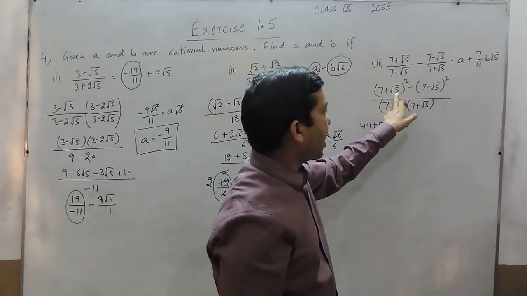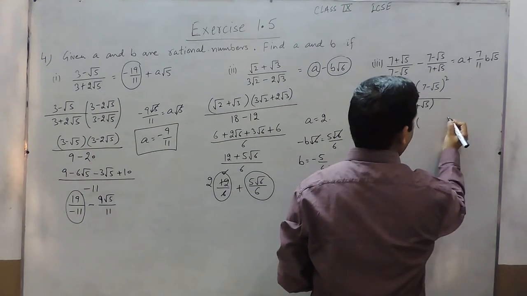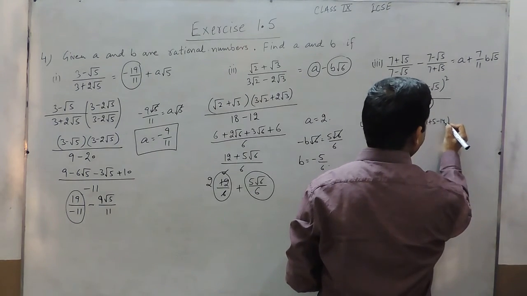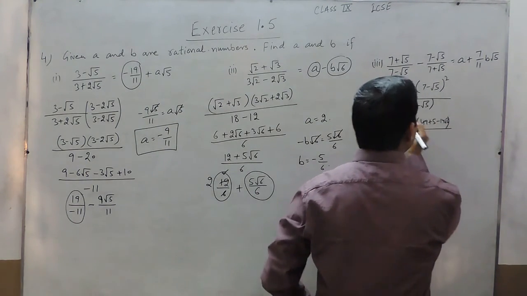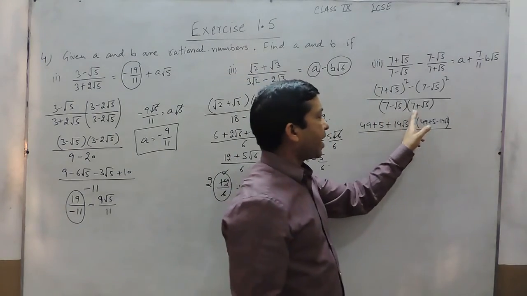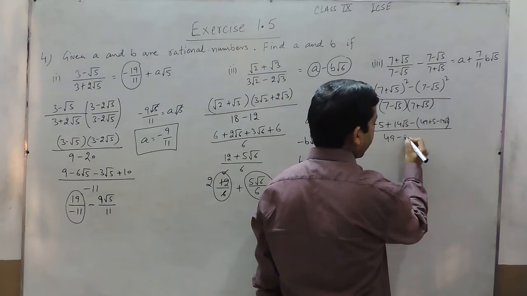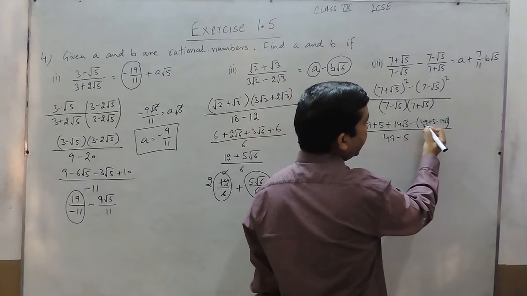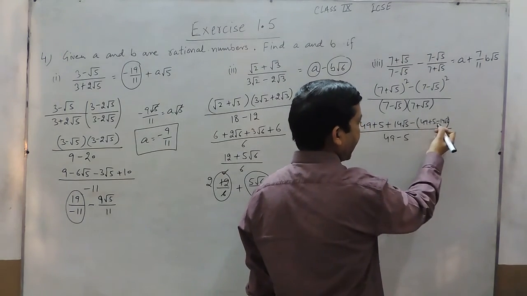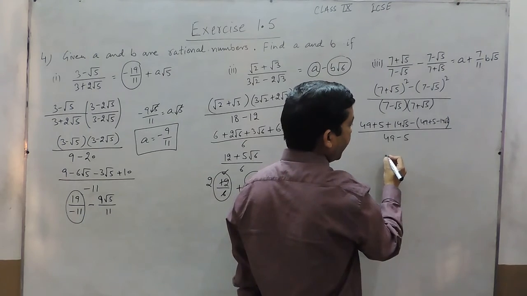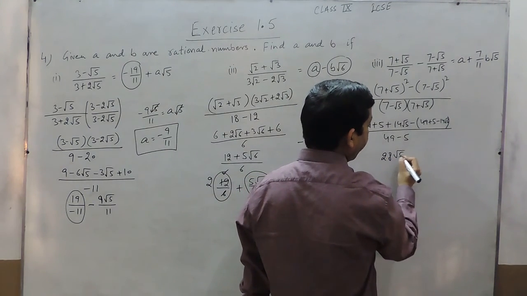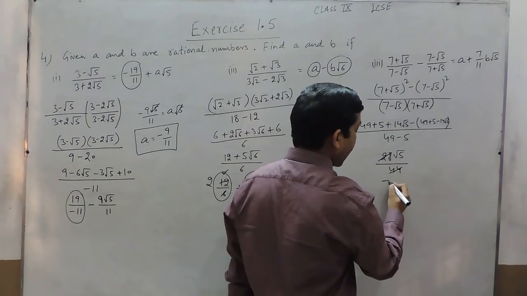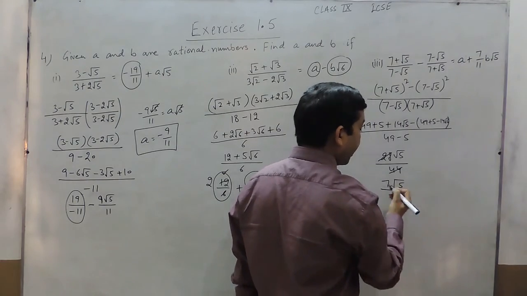In the bracket it is again 49 plus 5 minus 14 root 5, upon the denominator, which will be x minus y into x plus y, that is 49 minus 5. Here, 49 plus 5 and 49 plus 5 with the negative sign cancel out. So the remaining will come out to be 28 root 5 upon 44. Further, if I cancel this, it becomes 7 root 5 upon 11.